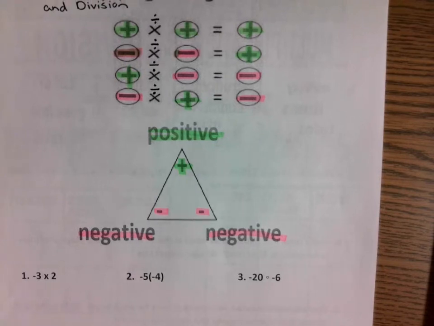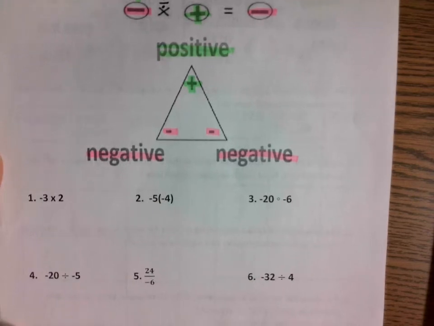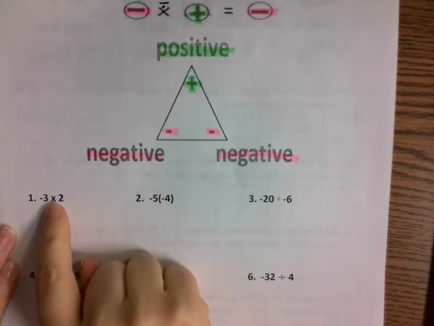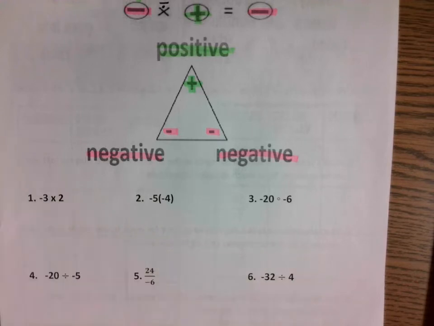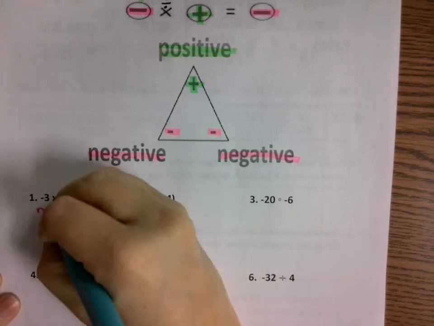Okay, so let's take a look here. For problem number 1, we've got -3 times +2. So we have a negative value, and we are going to go ahead and multiply it by a positive value.